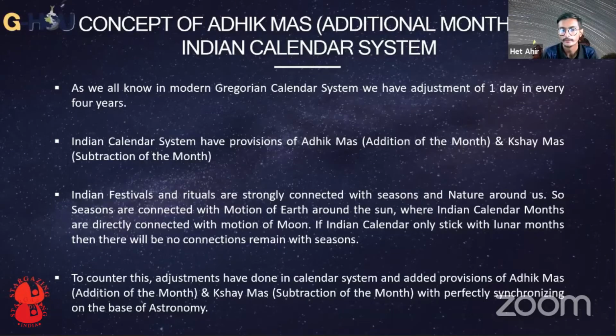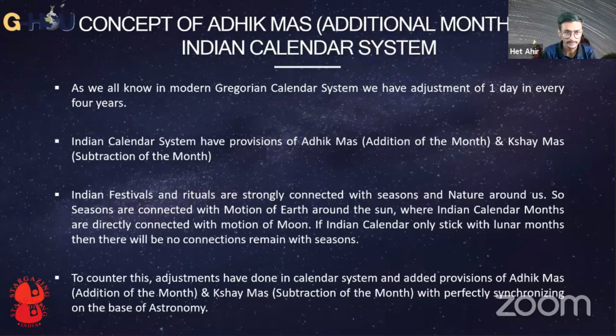Seasons are connected with the motion of the Earth around the sun, whereas the Indian calendar is based on the moon. So if the Indian calendar only stuck with the lunar, there would be no connection remaining with the seasons. To counter this, we have added the provision of Adhik Masa, or the additional month, and Kshaya Masa is a subtraction of the month, perfectly synchronized on the basis of astronomy.